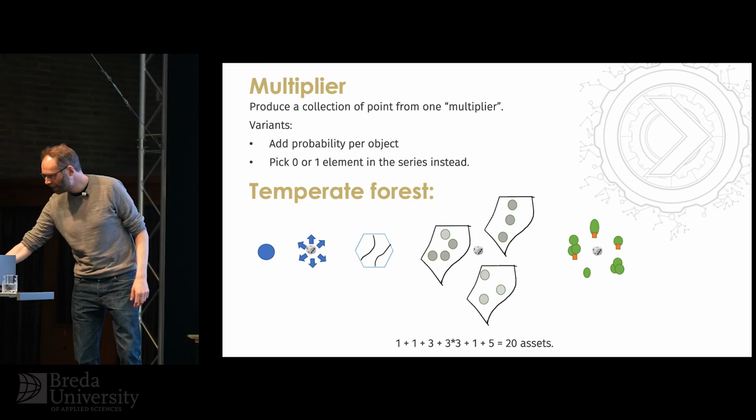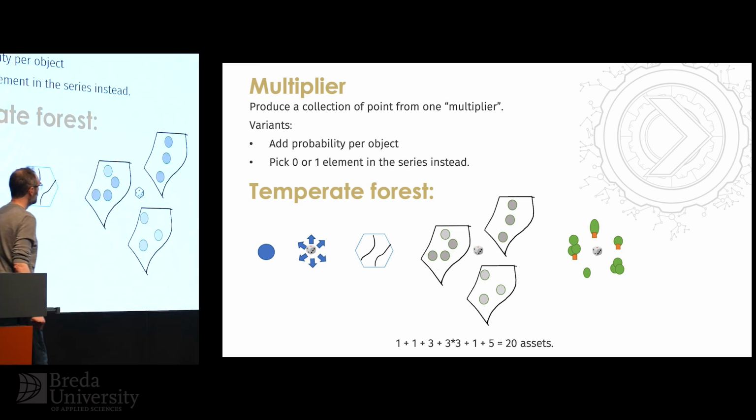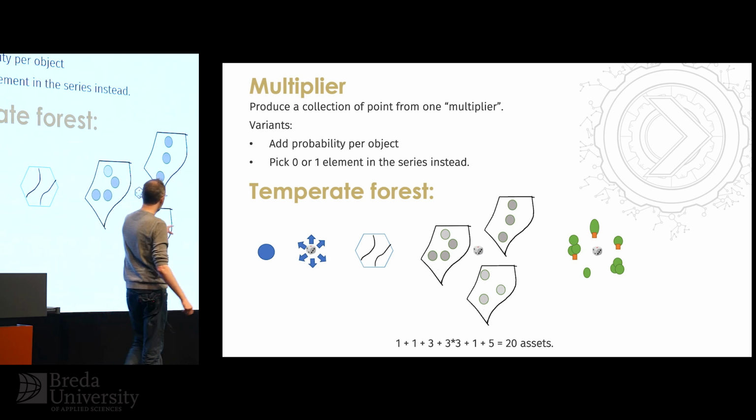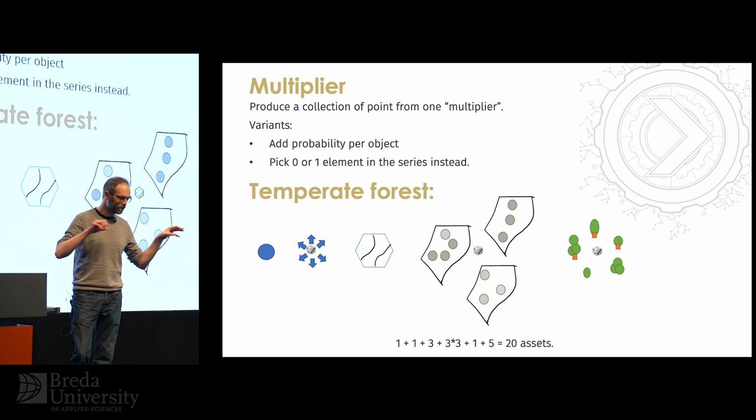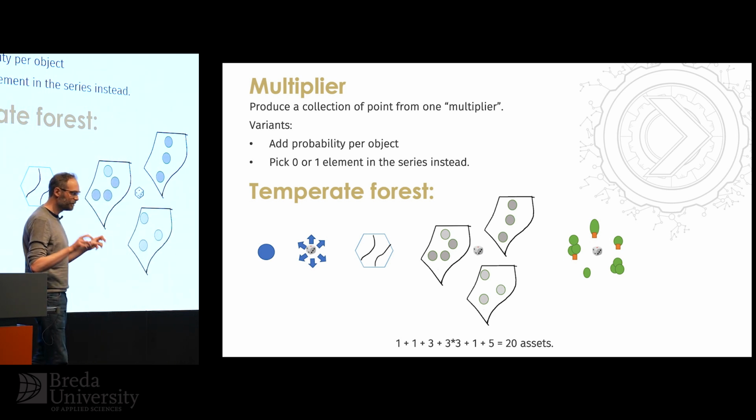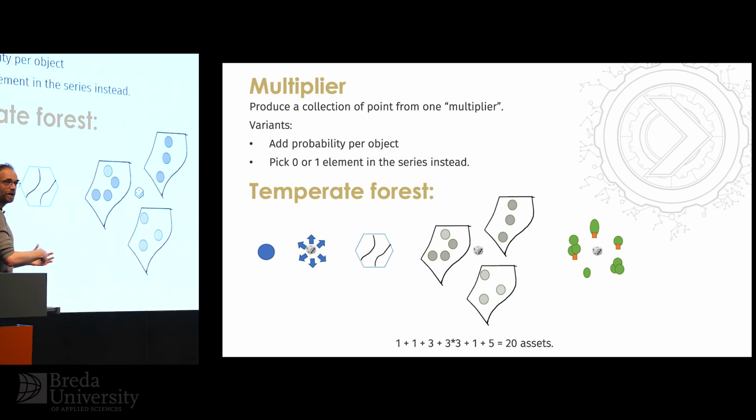And then, finally, the random tree that is produced, we have different variants of objects or collections of objects of different trees, different kinds of trees, and we choose one. And with that, we can produce a lot of temperate forest, and there is no repetition.